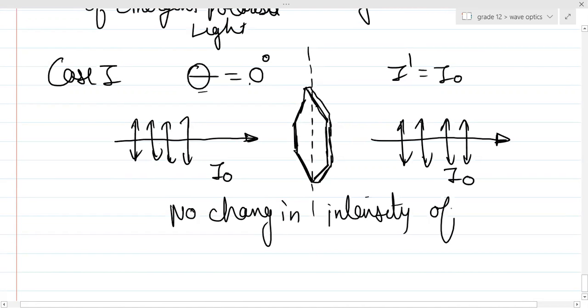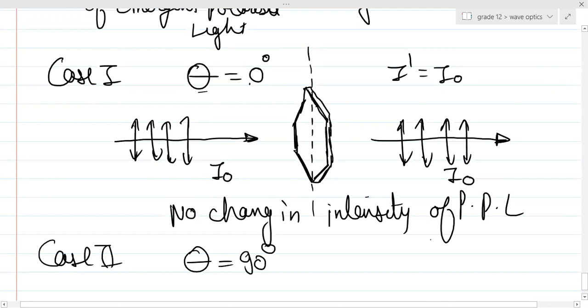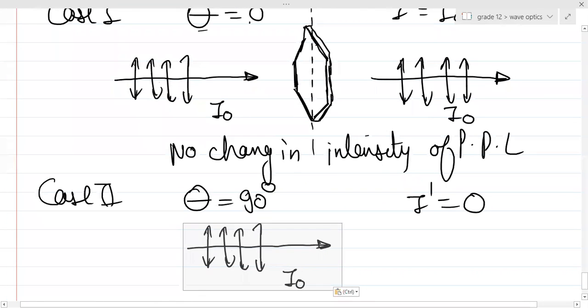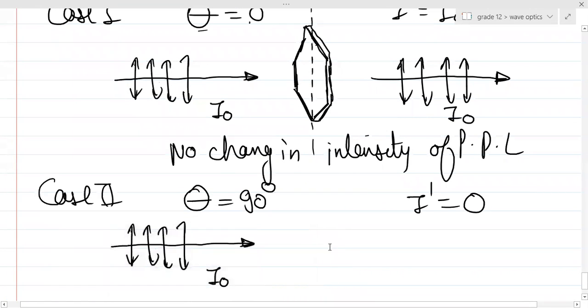of plane polarized light. Case 2, if theta is equal to 90 degrees, then I dash will become 0. That implies if you have this light ray and you rotate your Polaroid like this, can you see, guys?